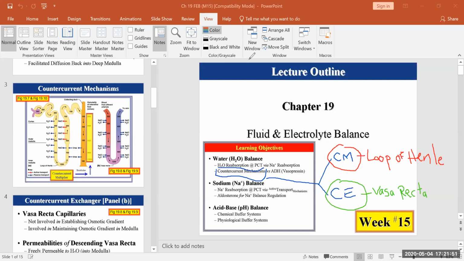Now, the countercurrent multiplier establishes that osmolarity gradient, whereas the countercurrent exchanger maintains that gradient.